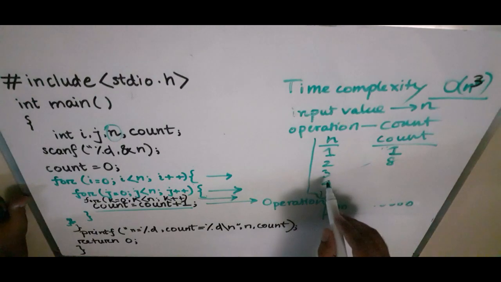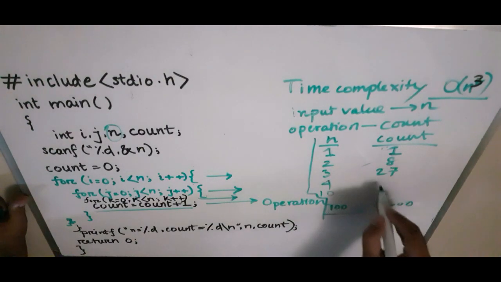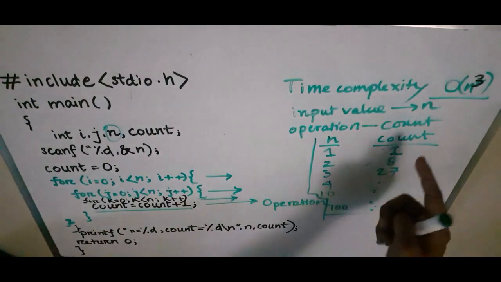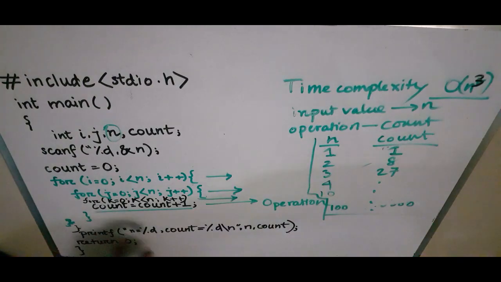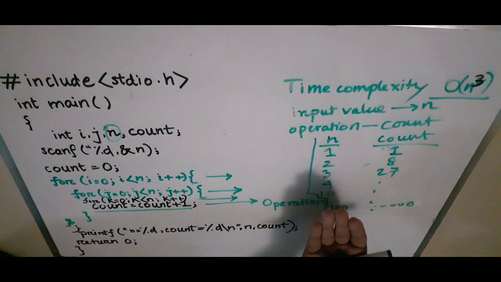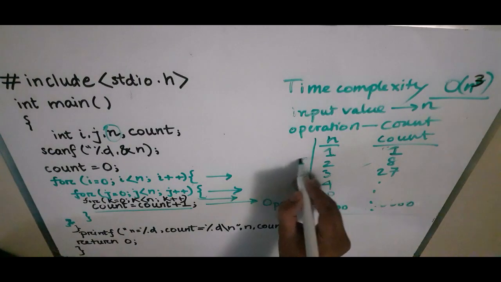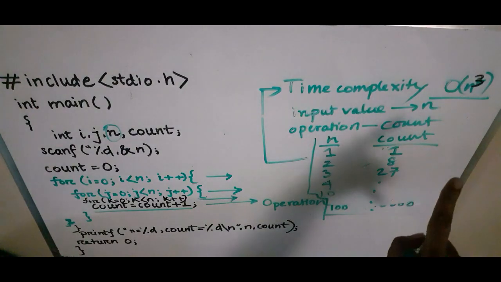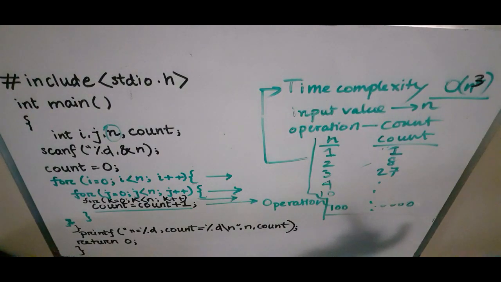If we have 3, we'll have 27, and so on. I would suggest you run this code in your compiler, and you will get the count as the final answer. From this we can say that the count of operations depends on the input value, and thus the time complexity of this code is big O(n cube).